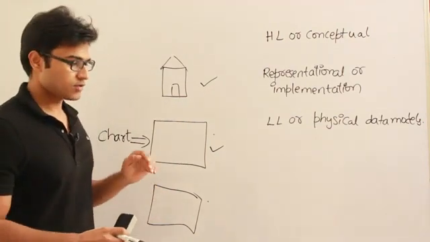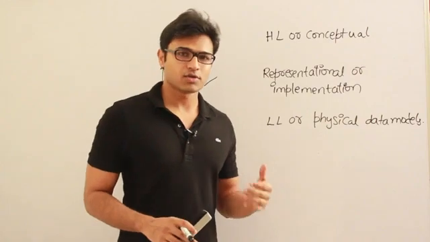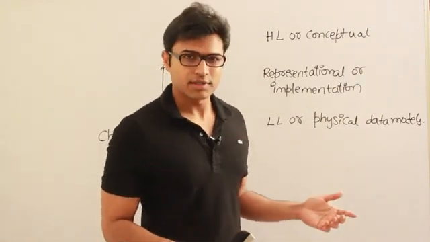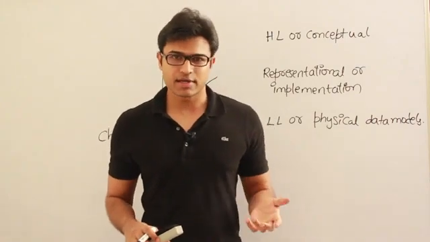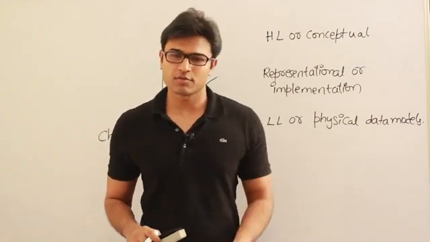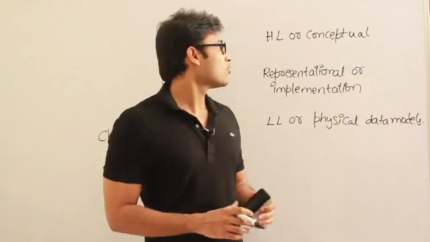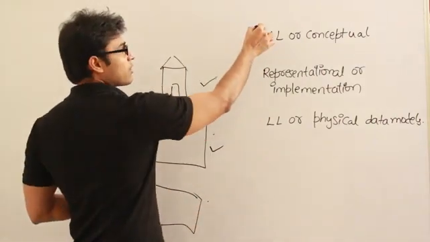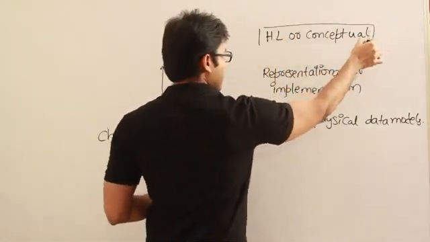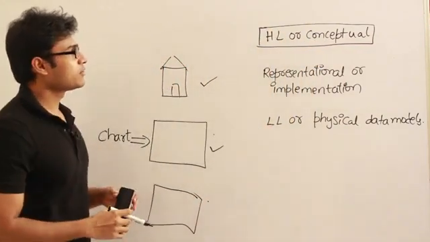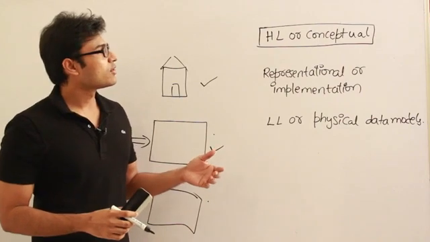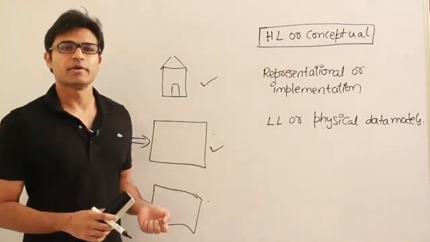Similarly, here in software also, while we design the software, we have various models. And like software, a database also, while it is being designed, goes through various levels of modeling. The first level of model is high level modeling or conceptual modeling. So this is mainly used to explain to people who really don't know anything about how a database is implemented.